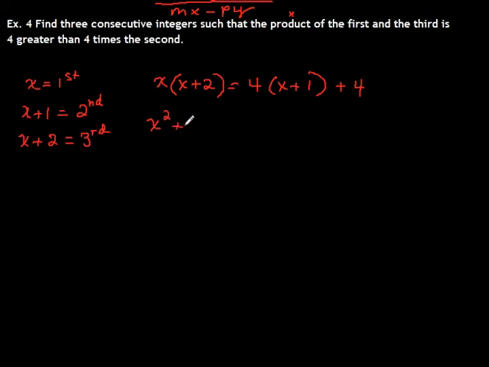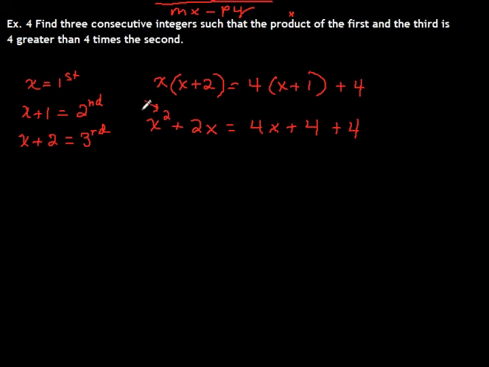X squared plus 2x equals 4x plus 4 plus 4. It's quadratic because the highest exponent is 2. It's not a linear equation. It's a quadratic. You're going to get 2 answers, and whenever you see quadratic, you have to think set everything equal to 0. So I'm going to move everything over here.